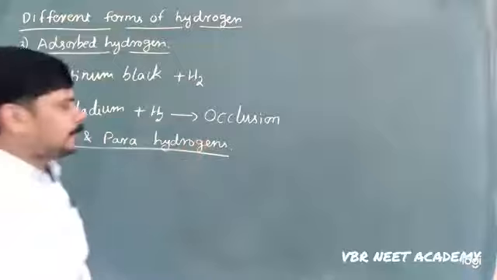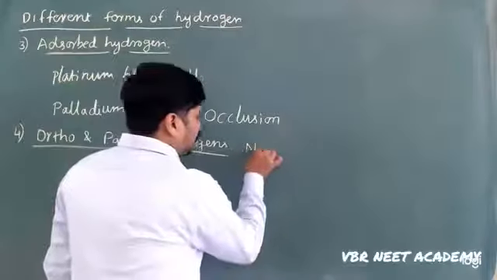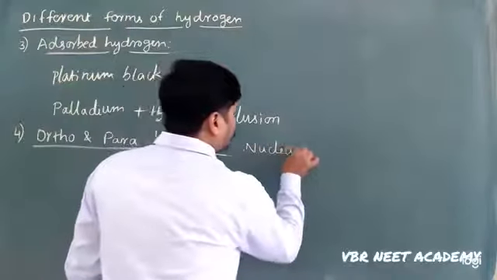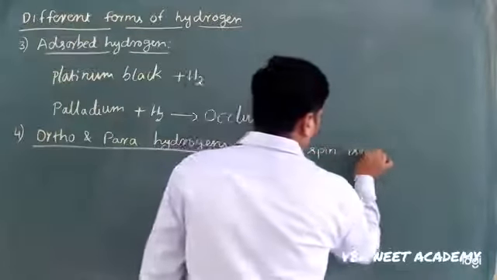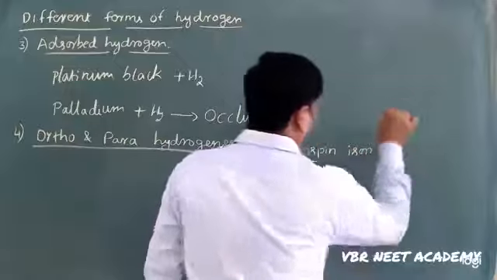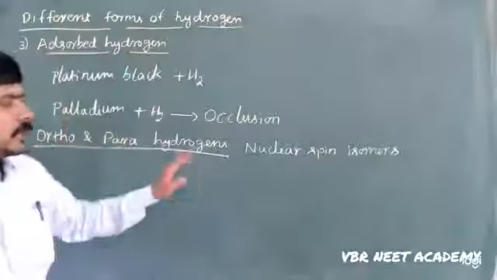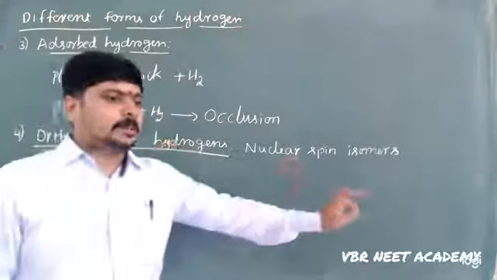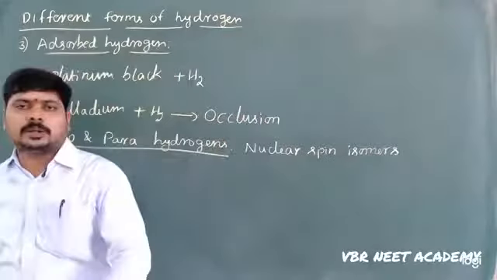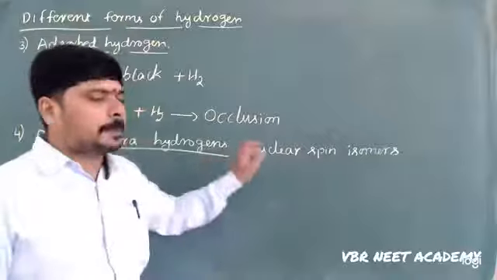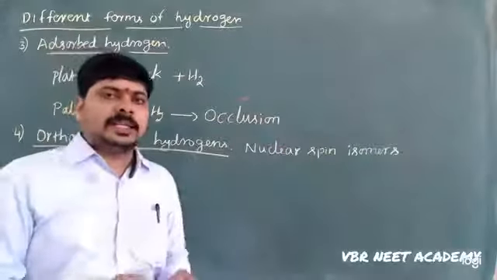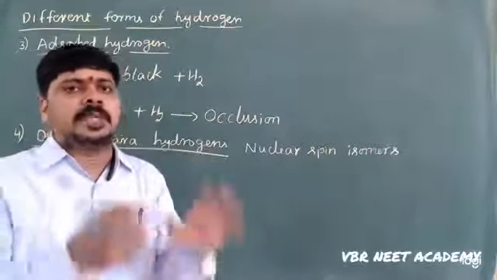Simply I can say they are nuclear spin isomers. Ortho hydrogen and para hydrogen are nuclear spin isomers. Why are they called nuclear spin isomers?